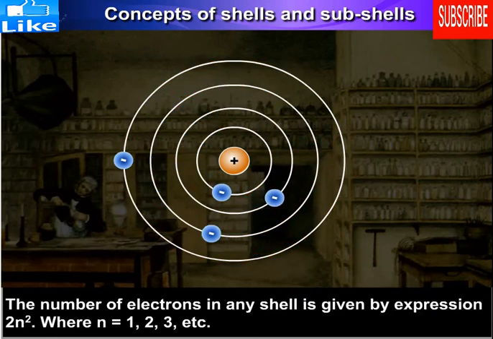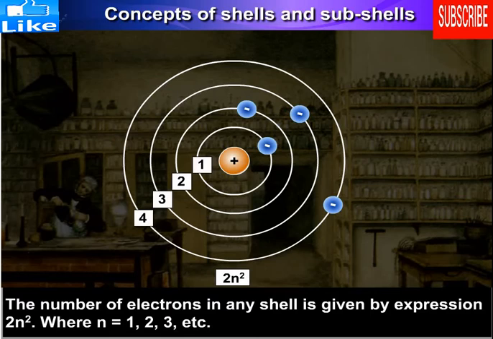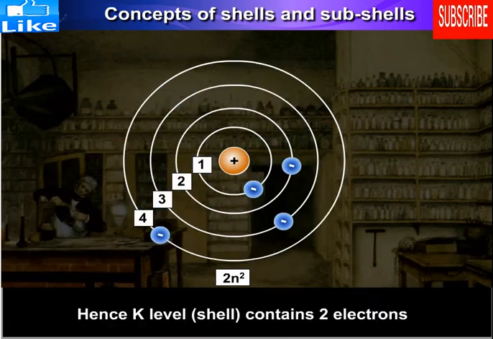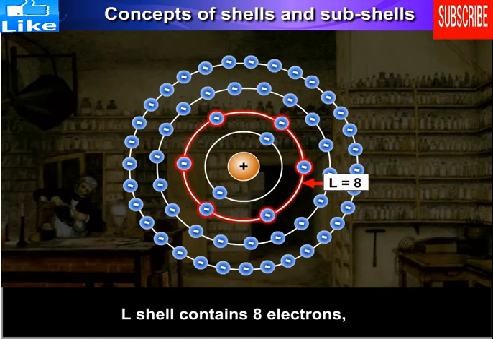The number of electrons in any shell is given by the expression 2n square, where n equals 1, 2, 3, etc. Hence, the K shell contains 2 electrons. The L shell contains 8 electrons.